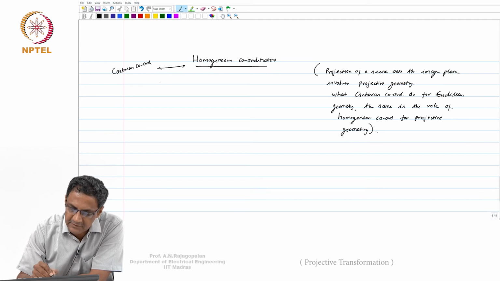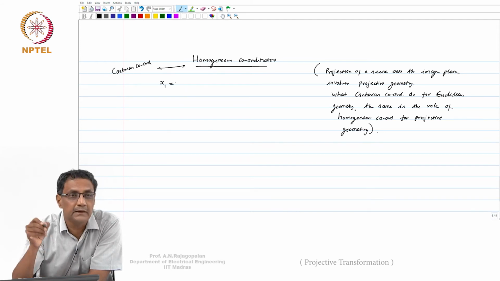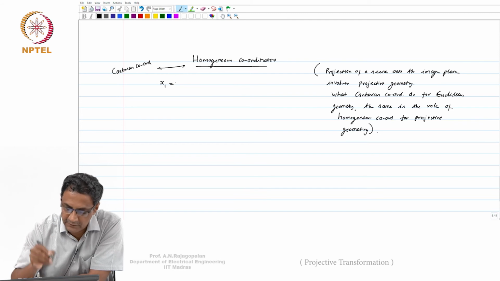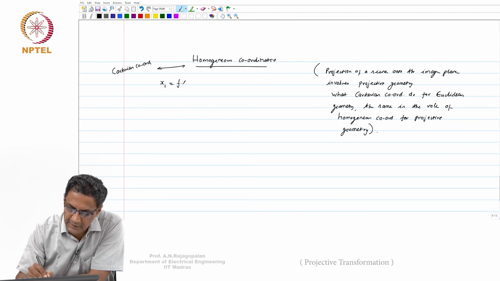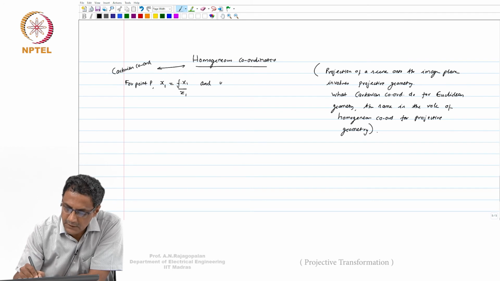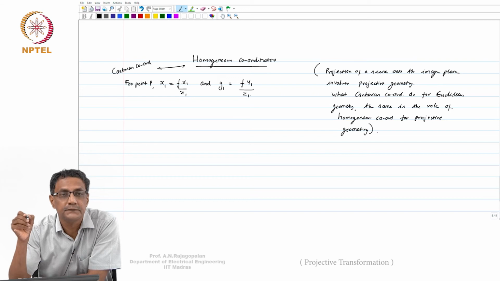So in this case, we said that x1, which is the image x coordinate of that point, is f x1 by z1, for point P. I am writing this for point P. And then y1 is f y1 by z1. This is what we have.